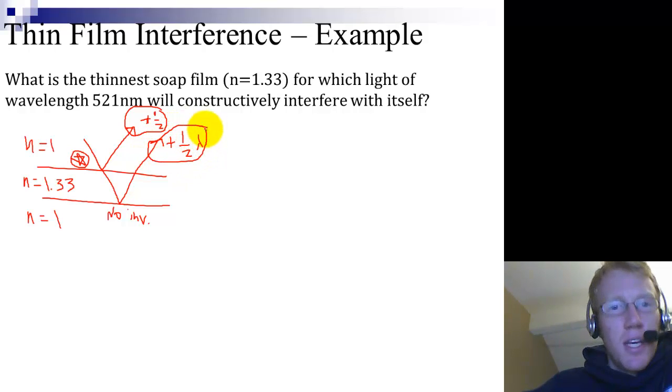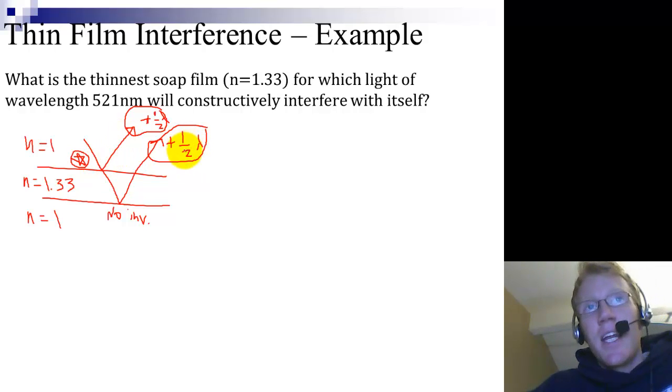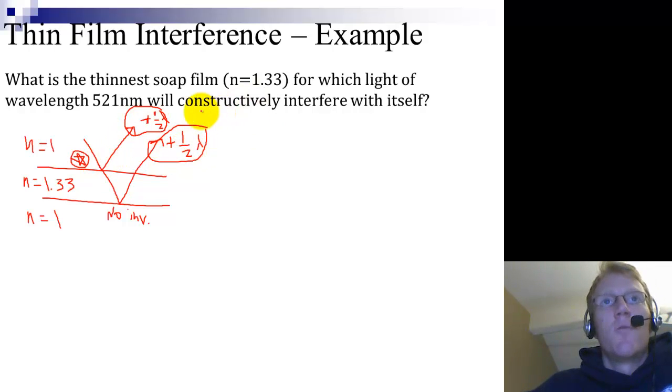I hope that seems like it should make sense. So the first one coming off gains a 1/2 wavelength from the inversion, and this one needs to gain a 1/2 wavelength to be in phase so that it will constructively interfere. That means in phase. So as it travels from here to here and then back out again, that's where it needs to gain the 1/2 wavelength.